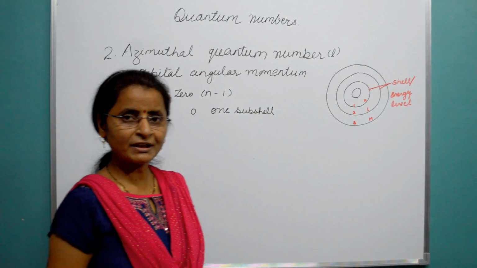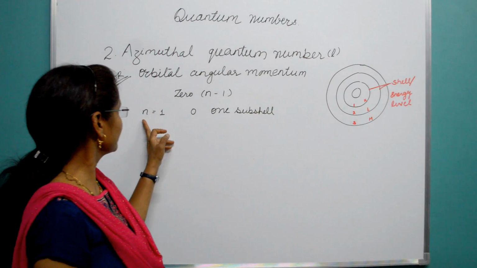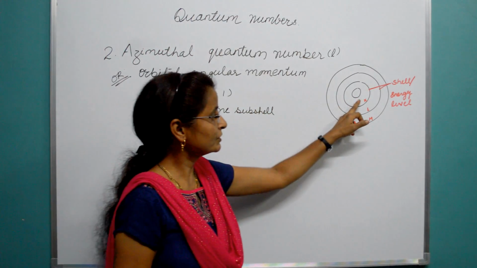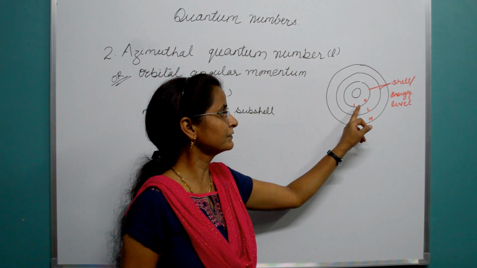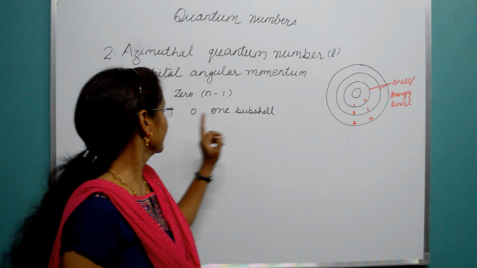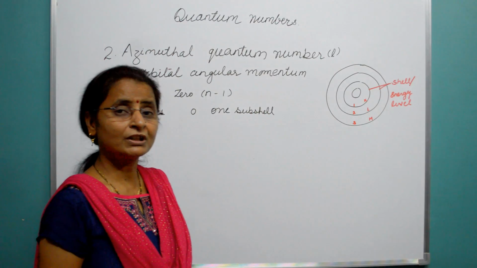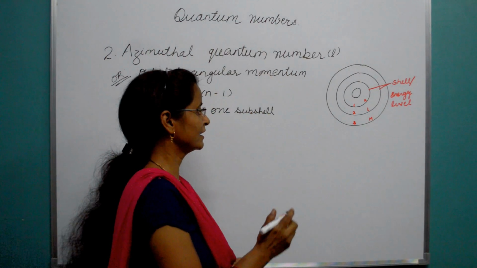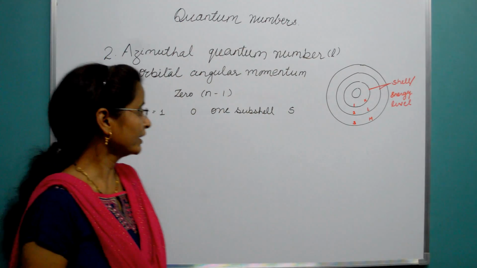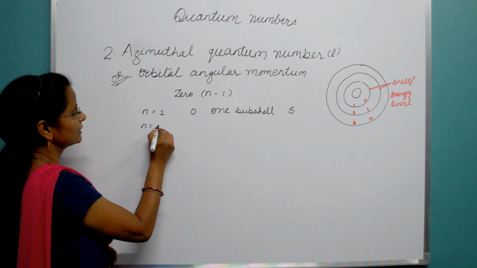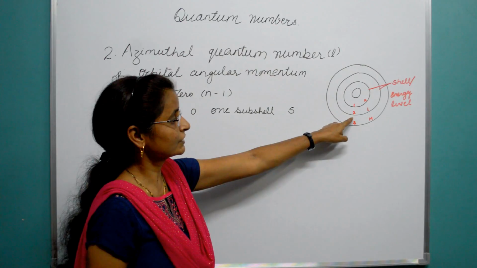Angular momentum determines the subshell. So if n is equal to 1, it is about the first shell or first energy level, and in this first energy level only one subshell is present, denoted by the letter small s.